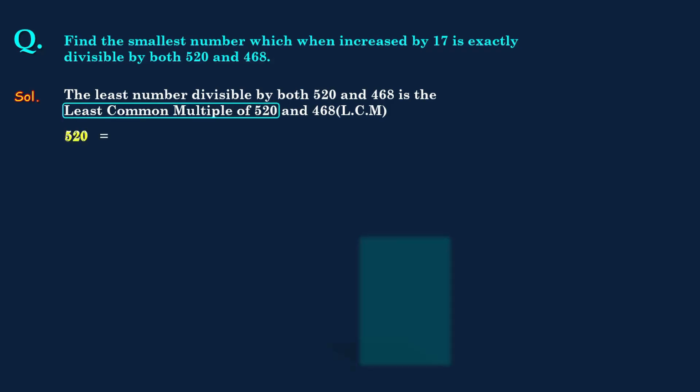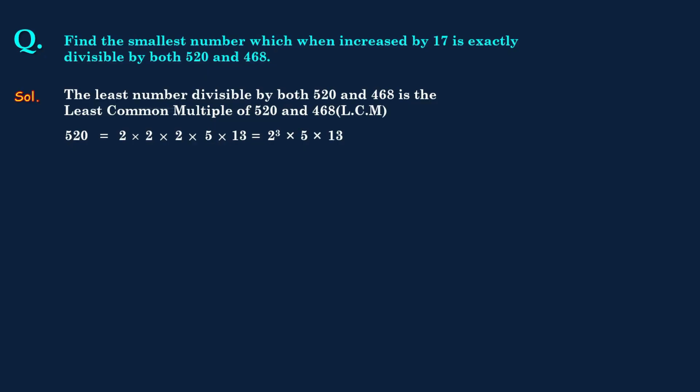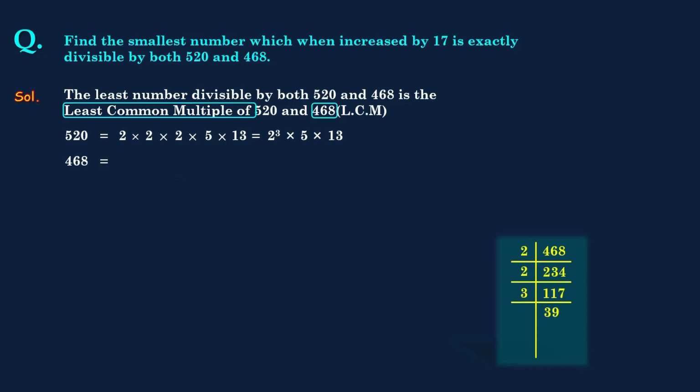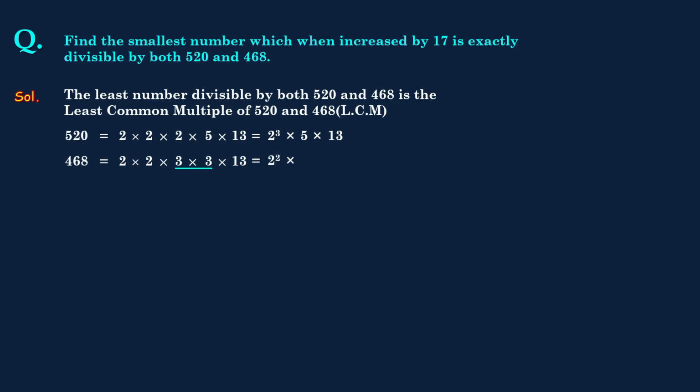520 can be written as 2 multiplied by 2 multiplied by 2 multiplied by 5 multiplied by 13. 468 can be written as 2 multiplied by 2 multiplied by 3 multiplied by 3 multiplied by 13. To find the least common multiple, we take all prime factors with the highest powers present.